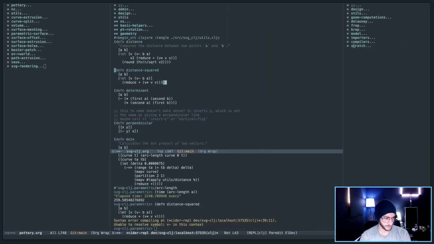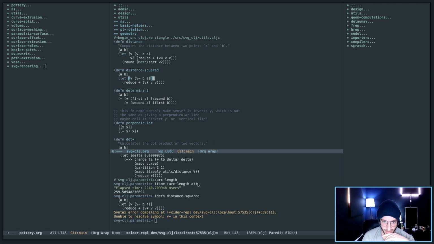Oops, that's the wrong namespace, but okay. Alright, so we got that. I don't know if that'll be useful, but let's table that anyway.